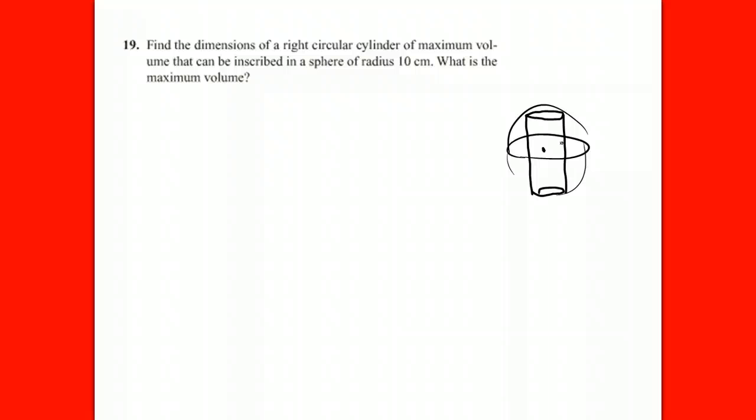And it's very important to draw a triangle. If I go from the center of the sphere out to this bottom corner, the intersection between the sphere and the cylinder, I know the radius of that sphere is 10, so that's my hypotenuse. The radius of the cylinder, however, is not 10. The radius of the cylinder would be this distance down here, which we'll call x.